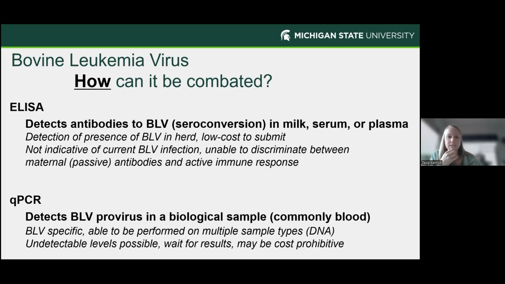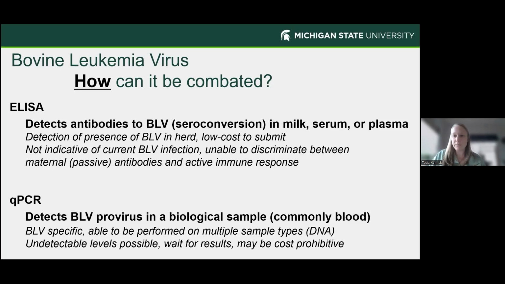What an ELISA does is it detects the presence of antibodies or that seroconversion. So while it says the animal was infected at some point with BLV, it's not indicative of a current BLV infection or a new infection. It's low cost.